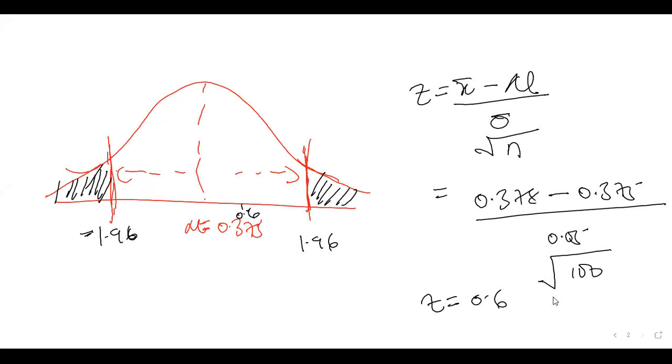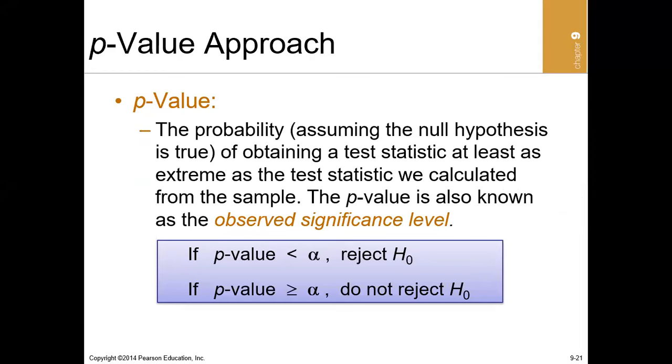All right. Now, let's go to the p-value approach, which I believe is also very simple. The p-value is the probability, assuming the null hypothesis, of obtaining a test statistic at least as extreme as the test statistic we calculated for the sample. It is also known as the observed or the calculated significance level.